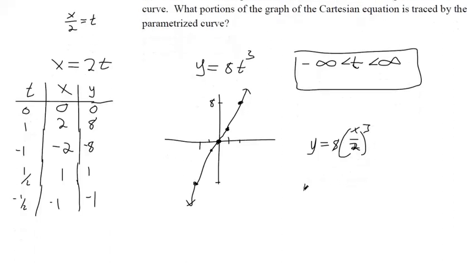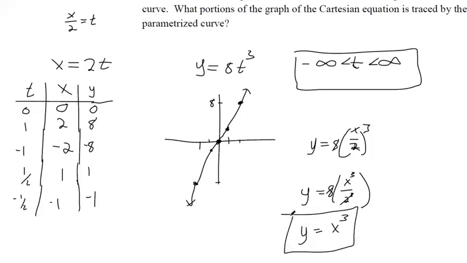And I can do a little bit more algebra to simplify that. I can use the exponent rule. That's x to the third over 2 to the third. And 2 to the third is 8. So 8 times something over 8 can cancel, right? And there we go. That was what our points were pointing to, that classic x cubed graph.